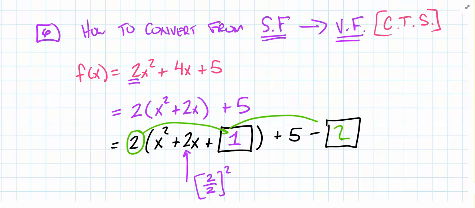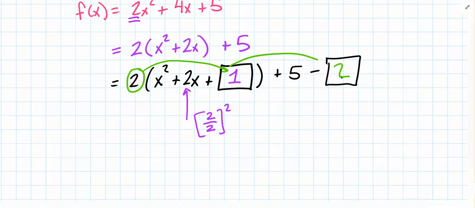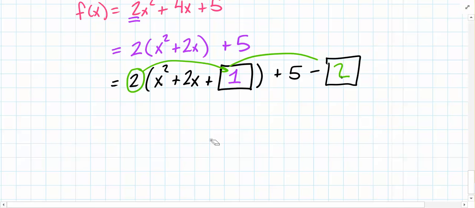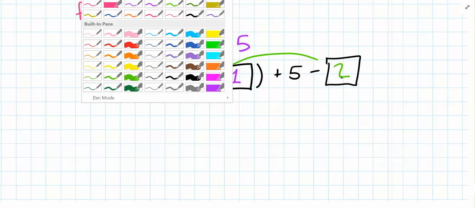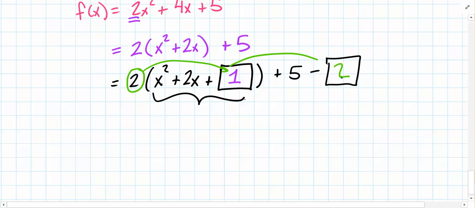There is a whole purpose to this. Now this inside quadratic is a perfect square trinomial, and it can be factored. It will always factor down to whatever half of your b value is. Then, on the outside, if I clean this up, 5 minus 2 is a positive 3.